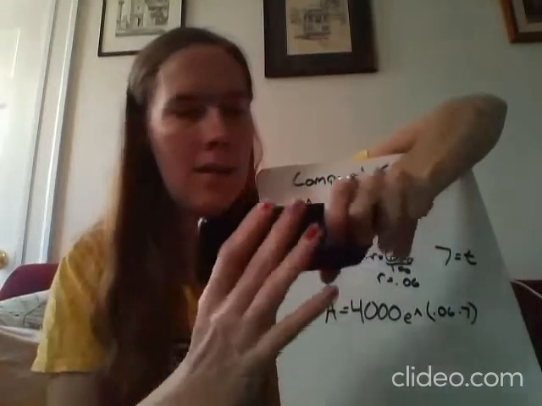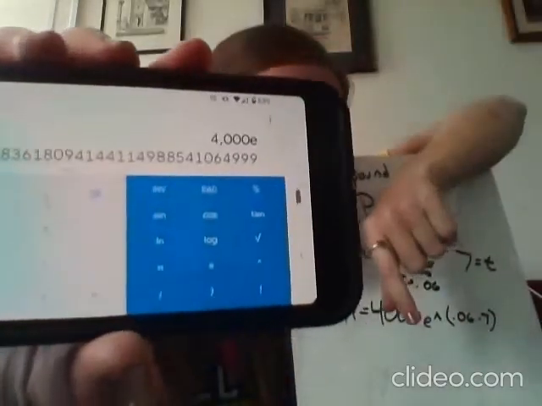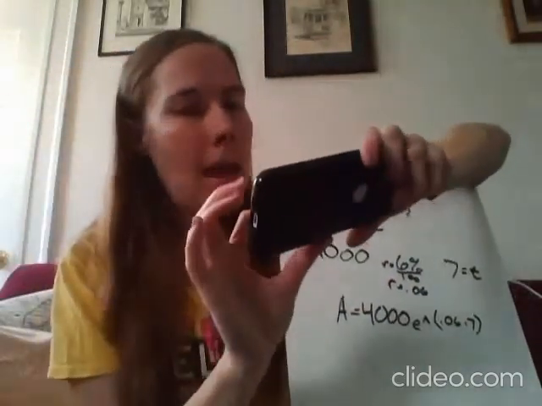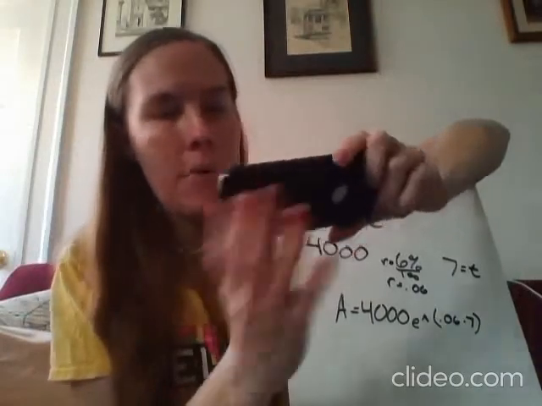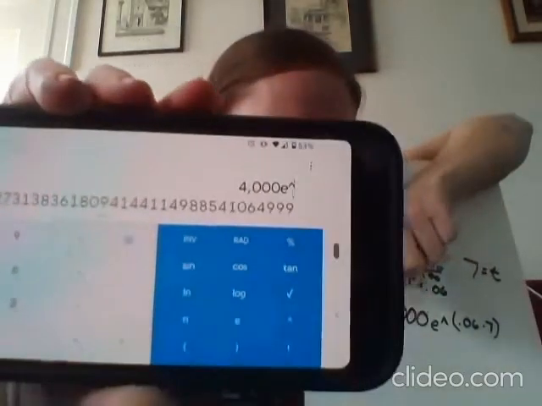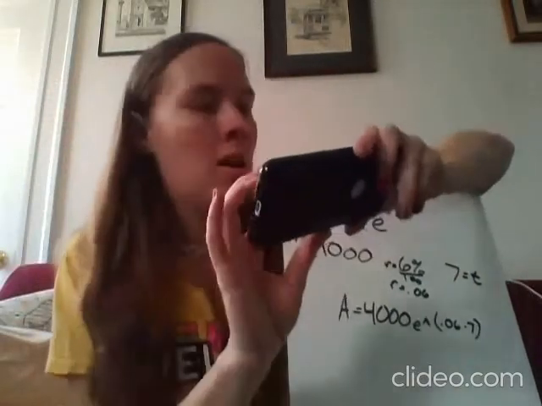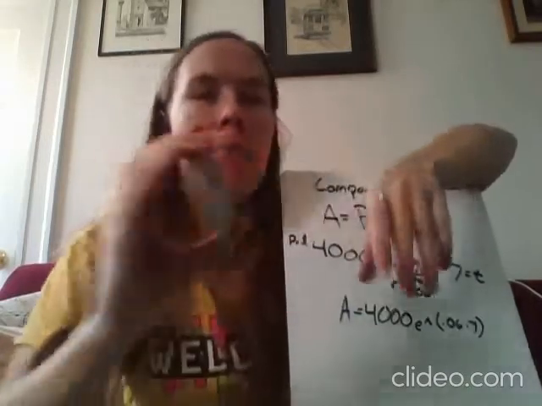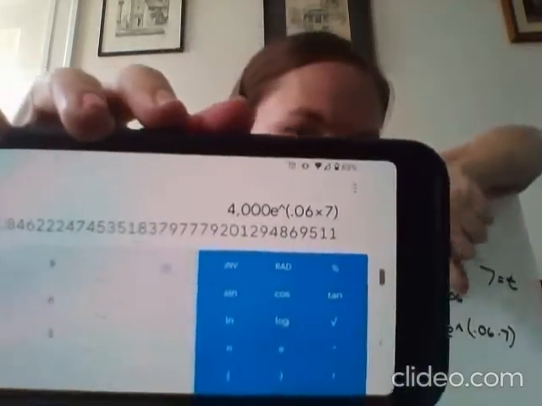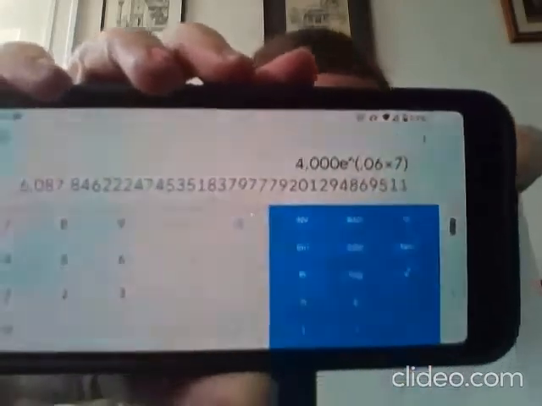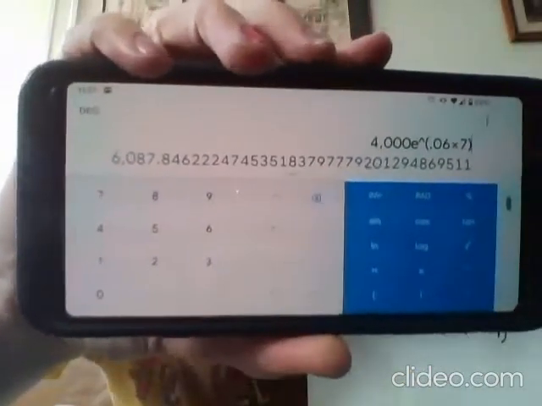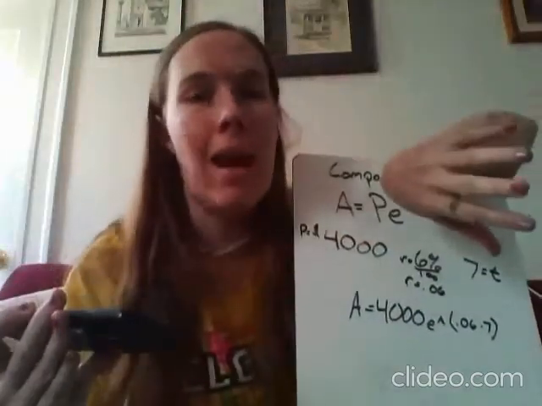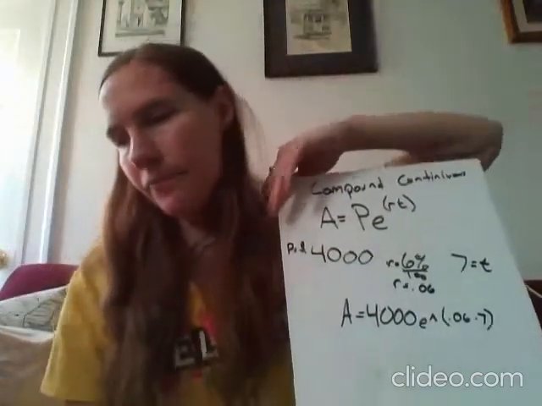So I'm going to put in 4,000 E. Notice that E button. Then I'm going to put my little caret. See, my caret is there. Then I need parentheses, 0.06 times 7, and my parentheses. Notice how you need that caret, or it's going to be wrong. So I have a whole bunch of decimals, but remember, I'm working with money, so I don't care about anything except that penny.